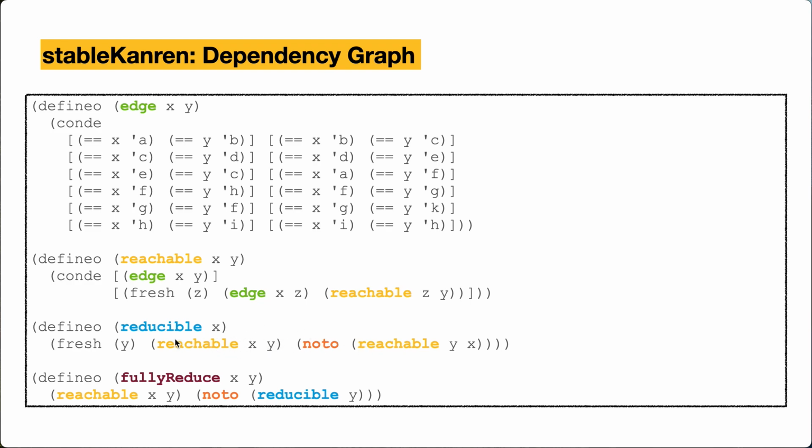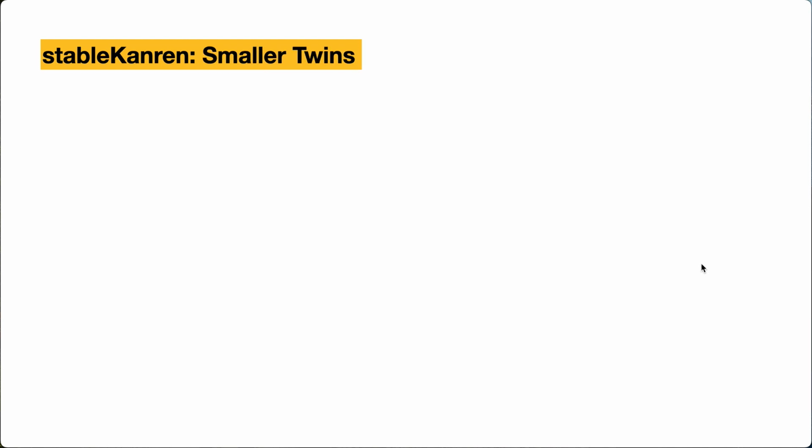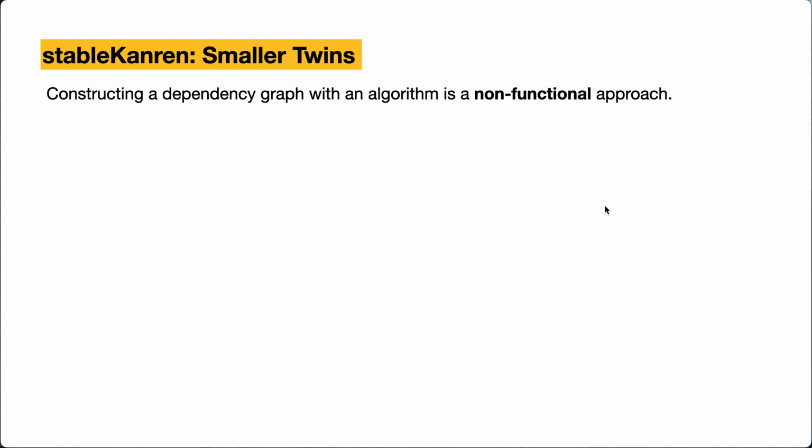If there's no nottle, we will draw a positive edge. So this is what the dependency graph looks like. For example, from fully reduced, we have the positive dependency to reachable, and we have a negative dependency to reducible. And see here, there's one loop, but it's a positive loop under the reachables. Now, we don't want to, for example, construct a dependency graph with an algorithm.